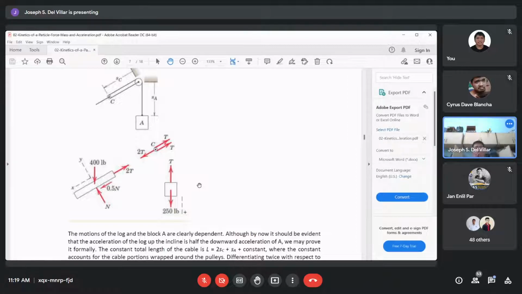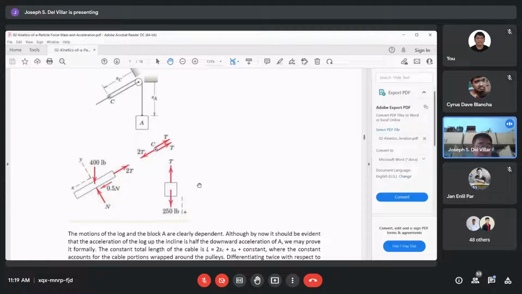So show all the forces acting on the log as well as all forces acting on the concrete block. Now the motions of the log and block A are clearly dependent. Why do we say that the motion of the two is clearly dependent?